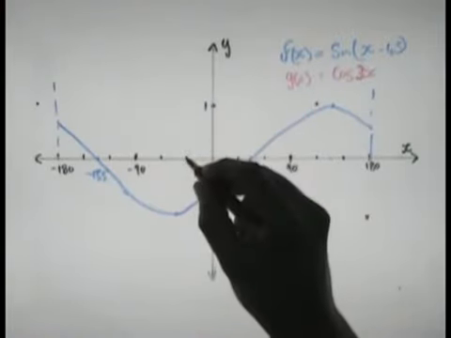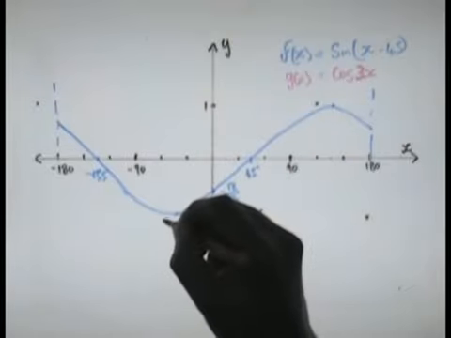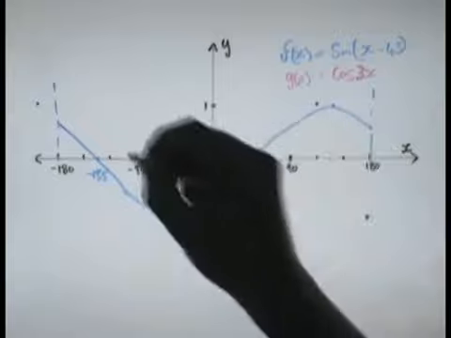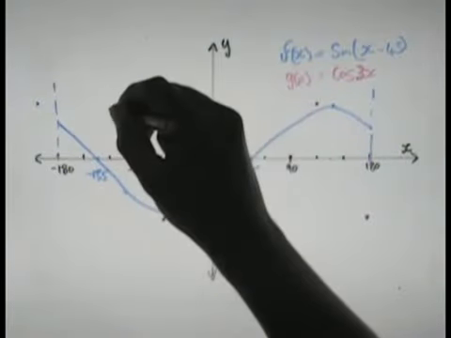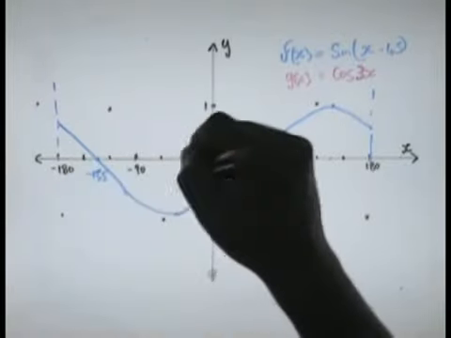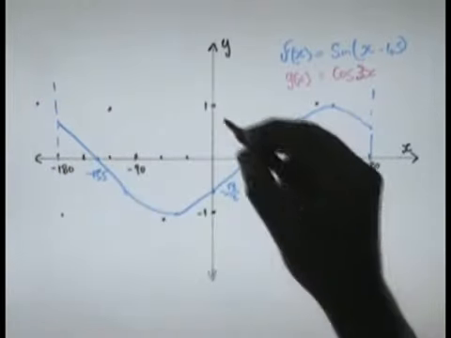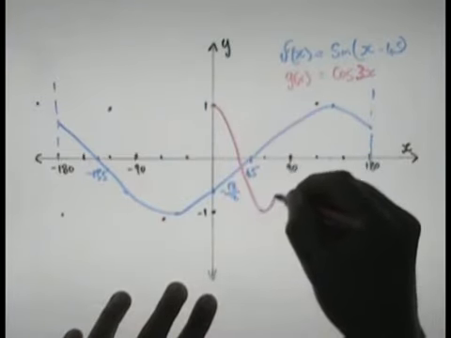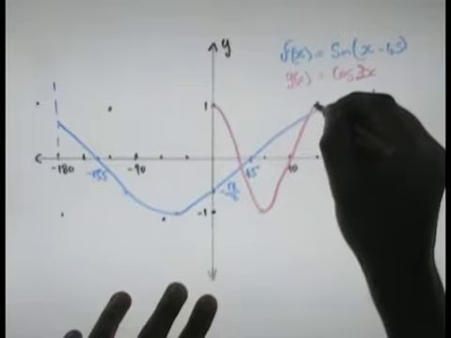And the same thing in the negative quadrant: 0, negative 1, 0, positive 1, 0, negative 1. That means that our graph is going to look a lot like this.